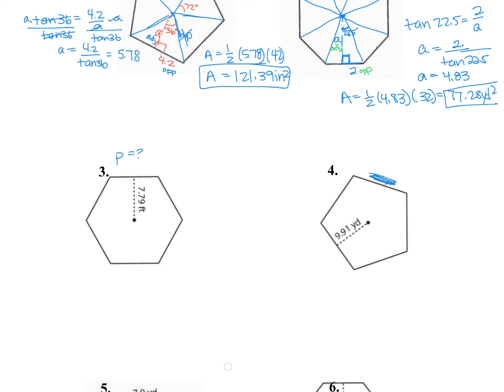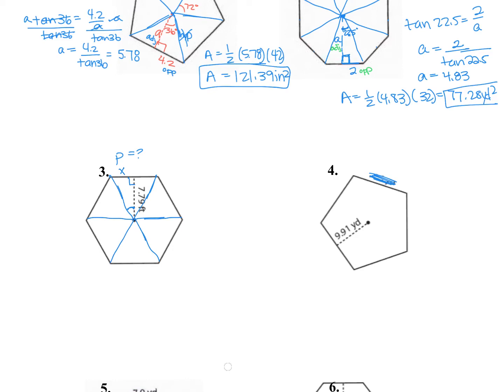So in number 3, this is a hexagon. Let's draw in our 6 triangles. And I'm going to go ahead and use the top triangle for my work since it's already got the apothem written on it. So I need to figure out this little side right here, and I also need to figure out this angle that's inside my right triangle so that I can do my trig with it.